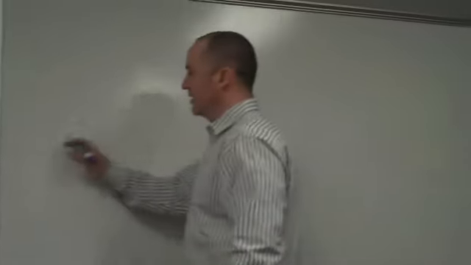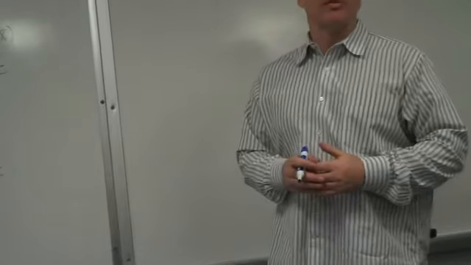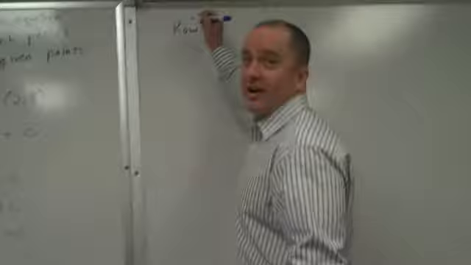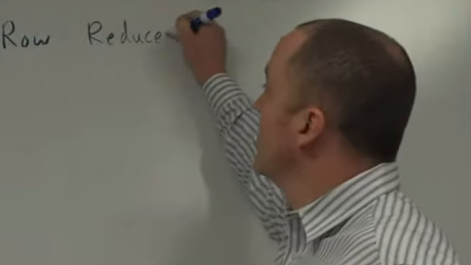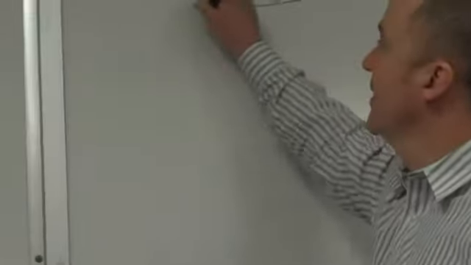There is a button on your calculator which performs an operation called row reduced form. Yes, write this down. Row reduced form.